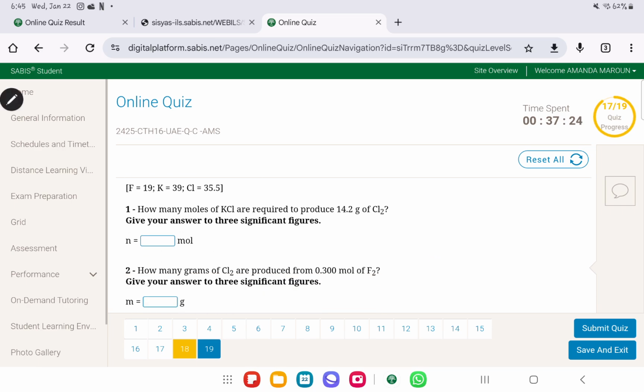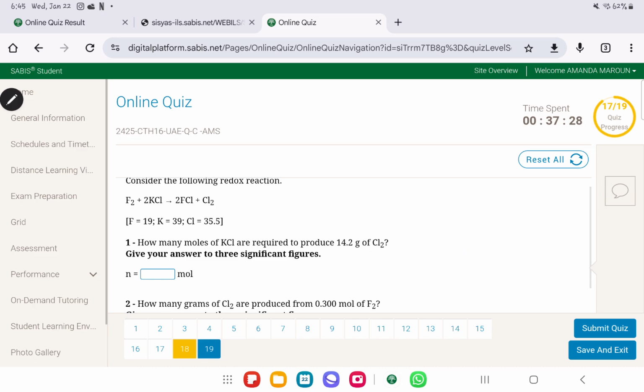Number 18, how many moles of KCl are required to produce 14.2 grams of Cl2? Very simply, 14.2 divided by the molar mass of Cl2, which is 35.5 times 2. So 14.2 divided by 35.5 times 2 will give us an answer of 0.2.